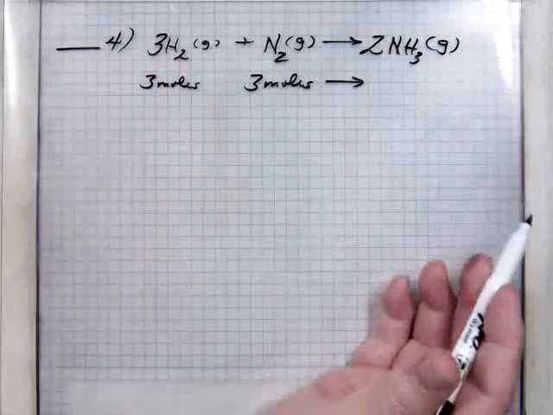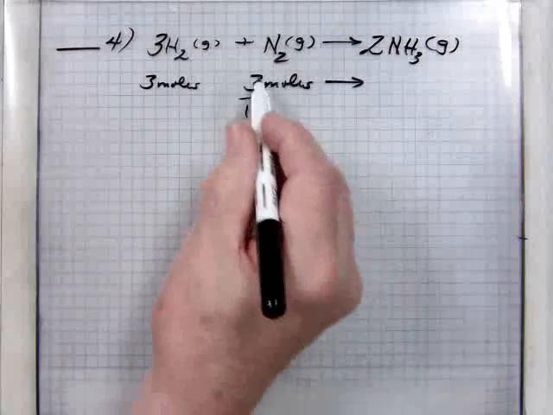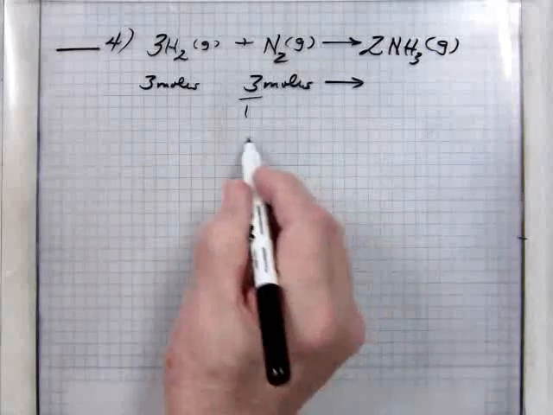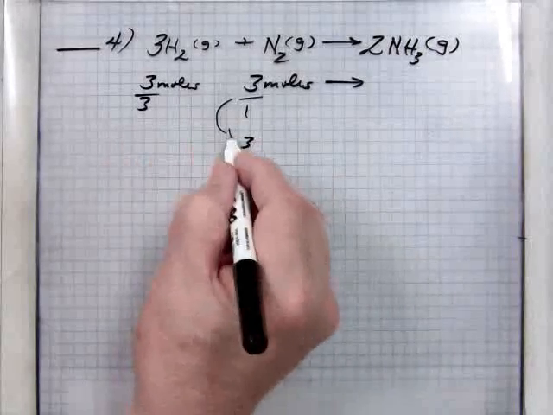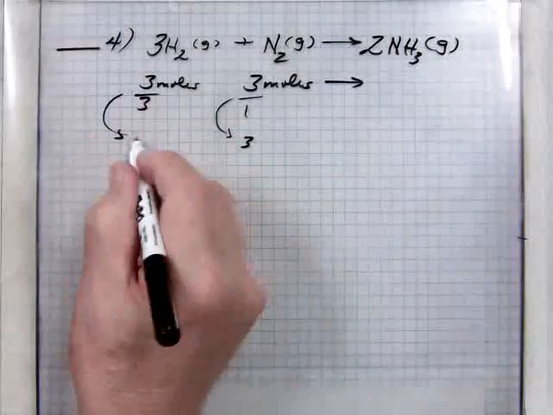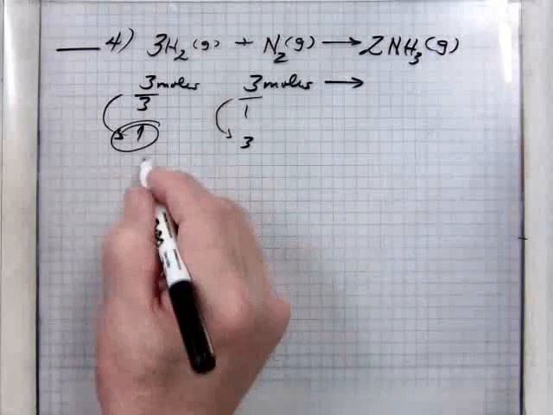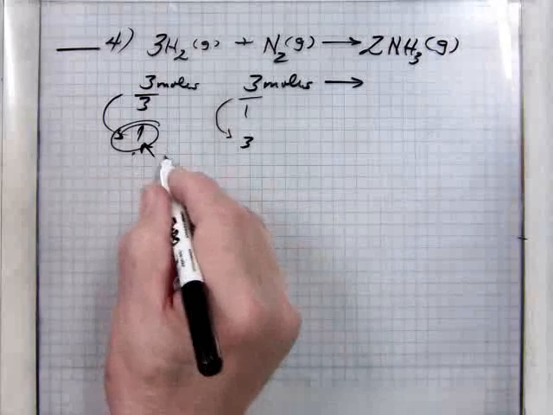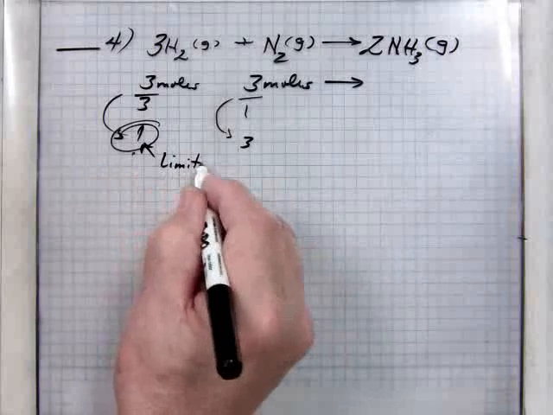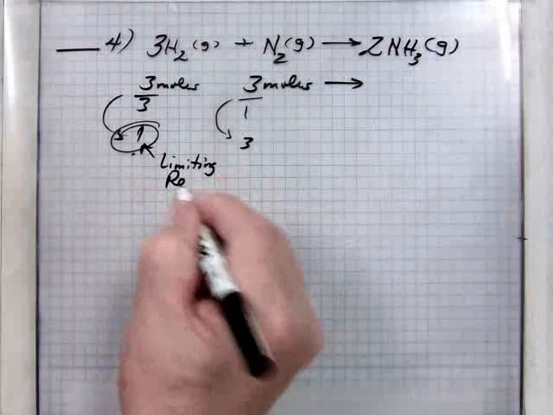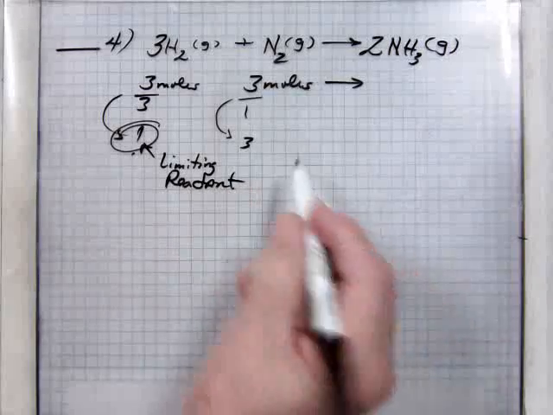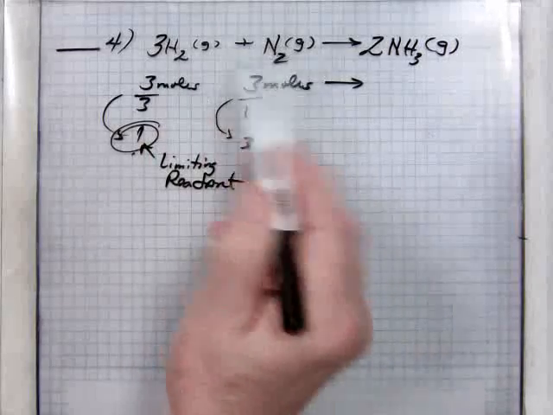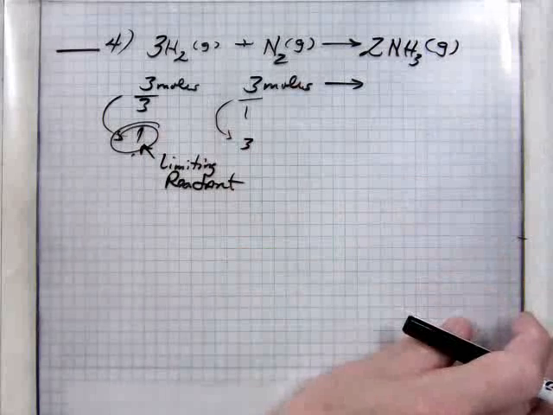How do we know that? Well, if I divide 3 by 1, it gives me a 3, and 3 by 3 gives me a 1. The lower number is your limiting reagent right there.